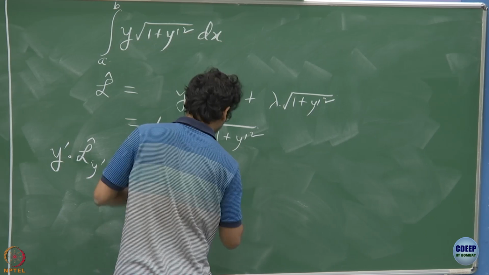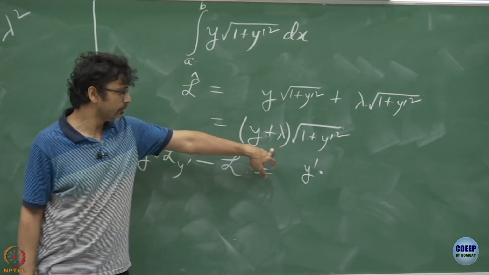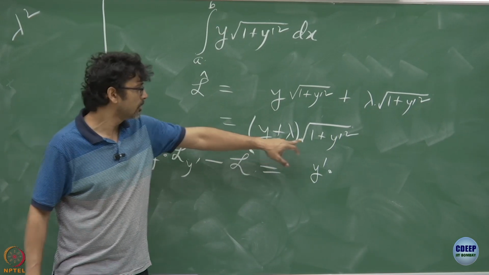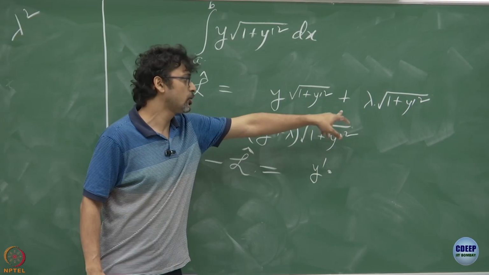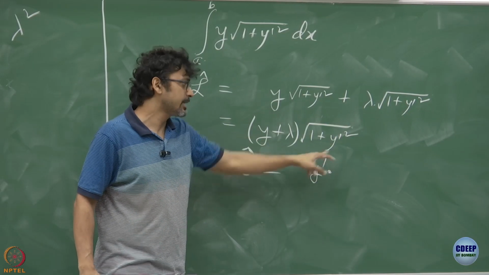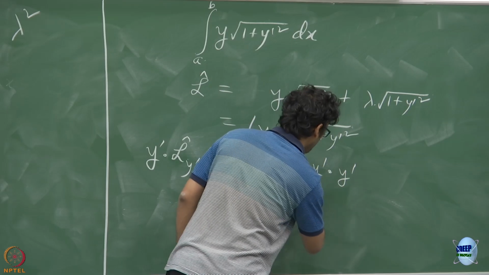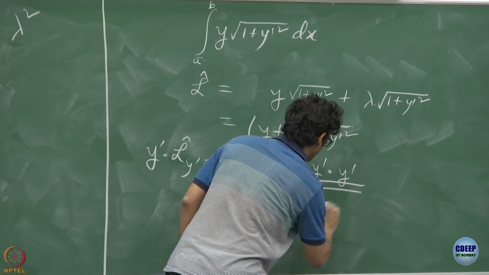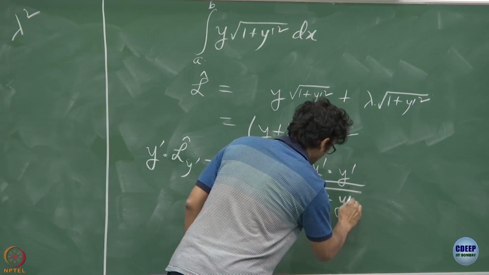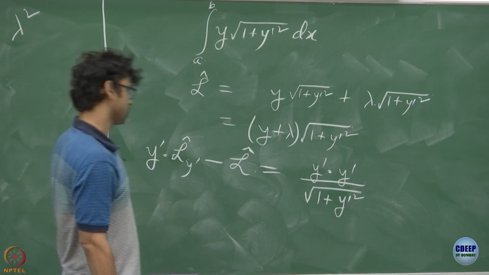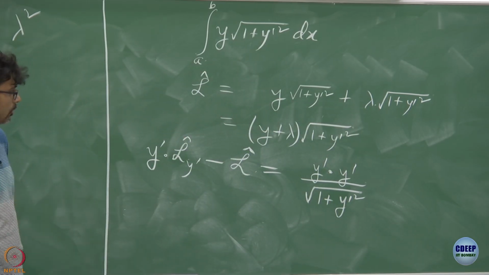Y prime dot the partial of this, the y plus lambda remains untouched. This one pulls out a 2y prime outside, but again gets cancelled with the half. So you have y prime squared times (y plus lambda) over square root of 1 plus y prime squared. Yes, I hope I'm not making a mistake here.